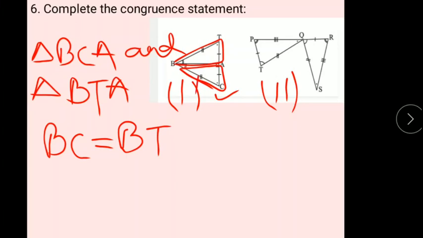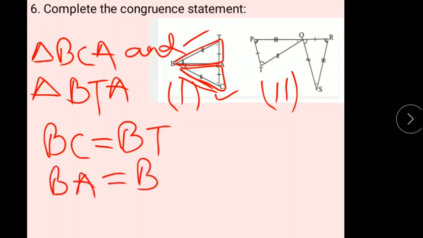Yes, because it has been given that the two arrows or the two lines are marked, which indicates that these two lines are equal, right? So we can write BC is equal to BT. Okay, so next we can also say that BA is common.